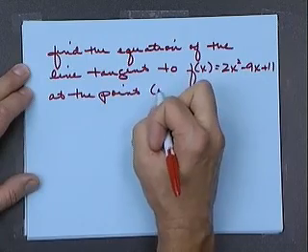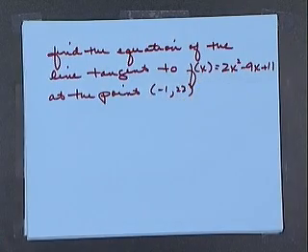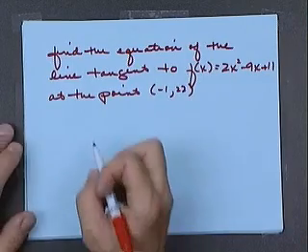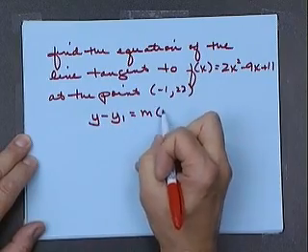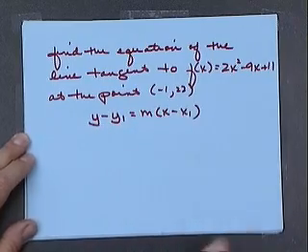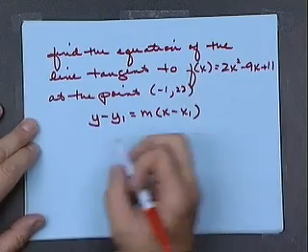At the point (-1, 22). So if we're eventually headed in this direction, we've got everything we need except what? Slope. We don't have the slope. We do have the point.